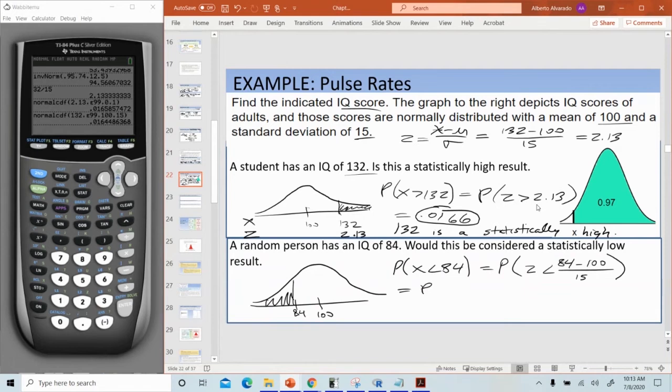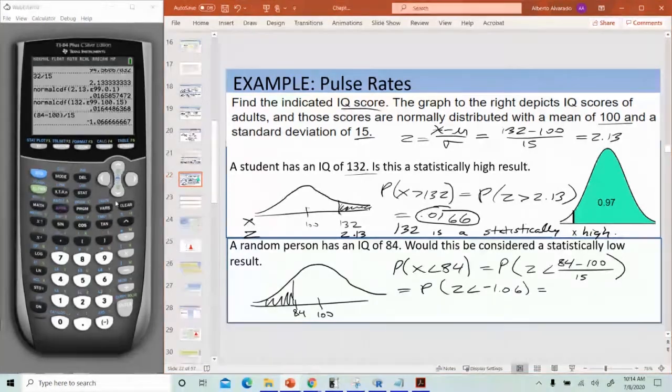It's the same thing as before, I'm just doing the work in line. 84 minus 100 is negative 16, divided by 15. I get negative 1.06.